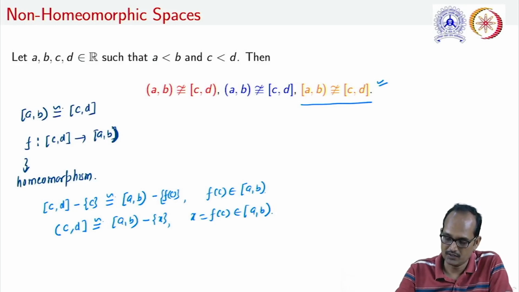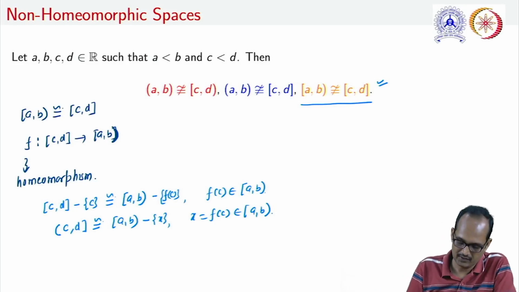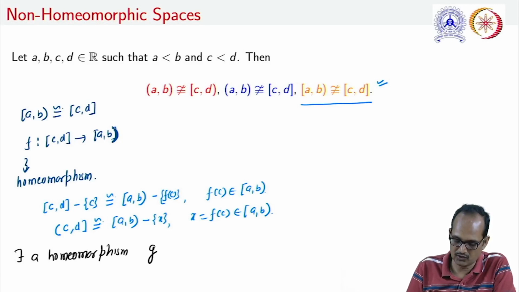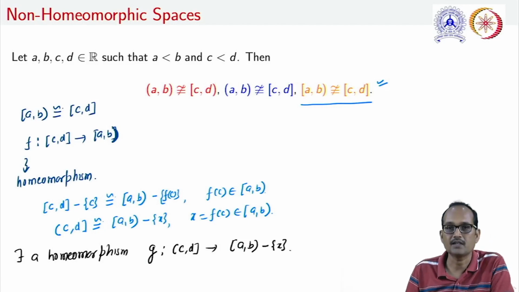Now, if these two are homeomorphic, it means that there exists a homeomorphism. Let us take that homeomorphism to be g from this semi-open interval (c, d] to this interval [a, b) minus the singleton set {x}.